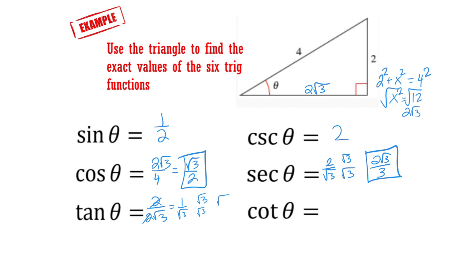So now I have root 3 over 3 as the tangent value. The cotangent is the reciprocal of that. Now, I would rather not do the reciprocal of this version because I'm going to get stuck having to re-rationalize the denominator. Couldn't we go back to this stage right here and just do the reciprocal of that one? So the cotangent is root 3.